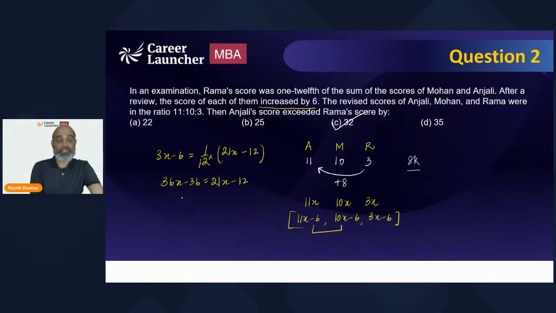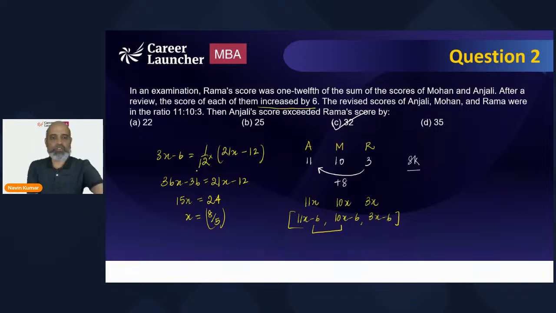If I rearrange, I will be getting 15x is equal to... I hope I'm not making any mistake. So I will end up having x is equal to 8 by 5.